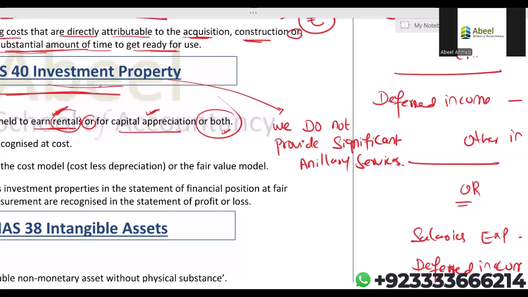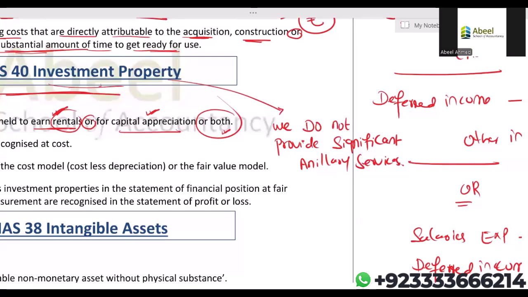Just imagine a hotel which gives room to the guest. They are not just giving a room, they are giving significant ancillary services. There will be one proper lobby, there will be a proper receptionist, there will be a proper staff. They will take your luggage from lobby to your room. Even within the room, there will be significant services. If you need anything for eating, anything.